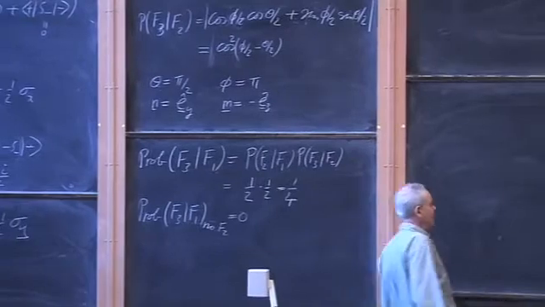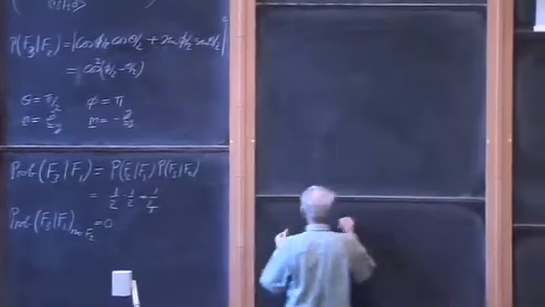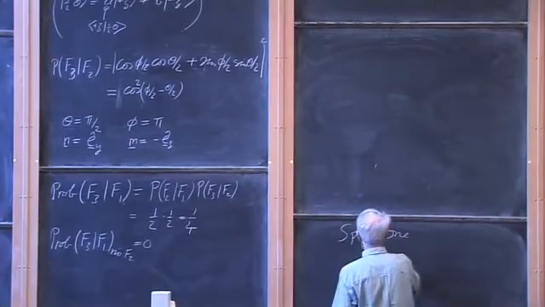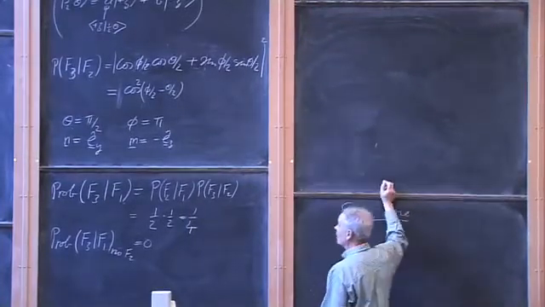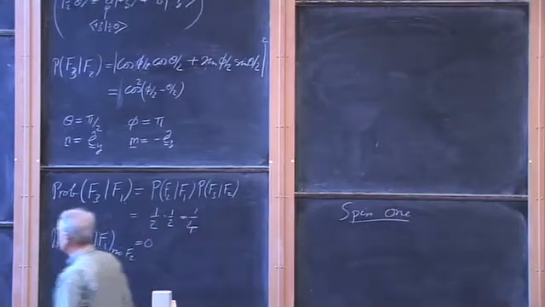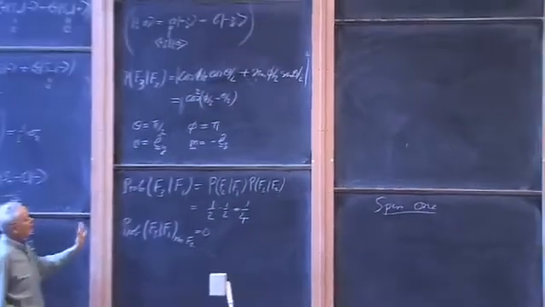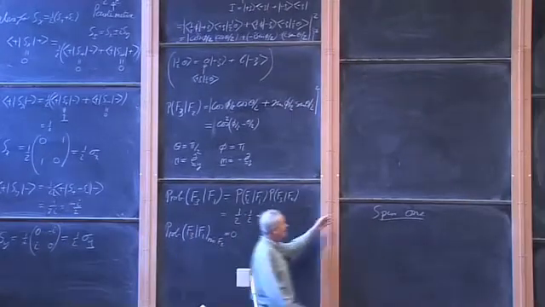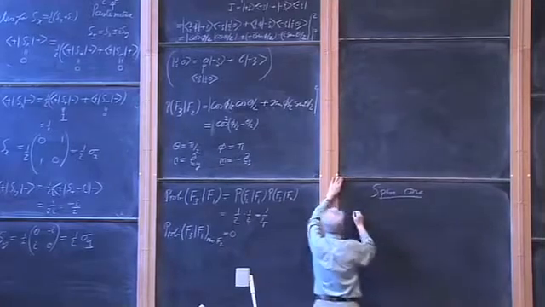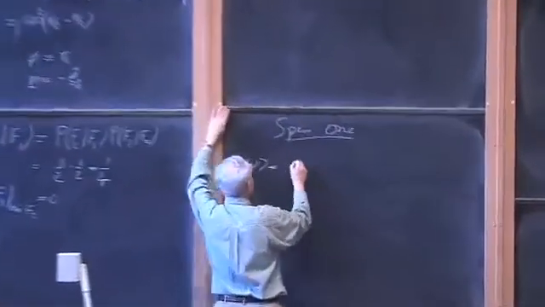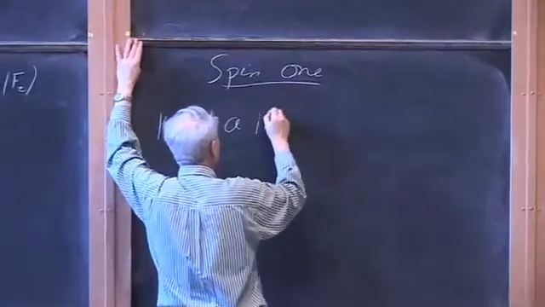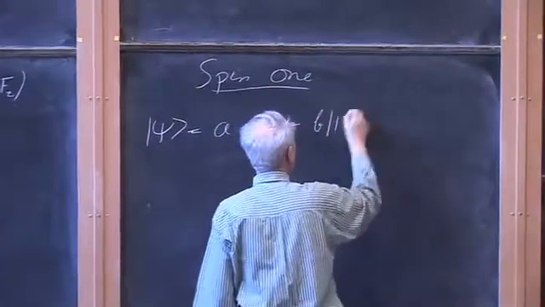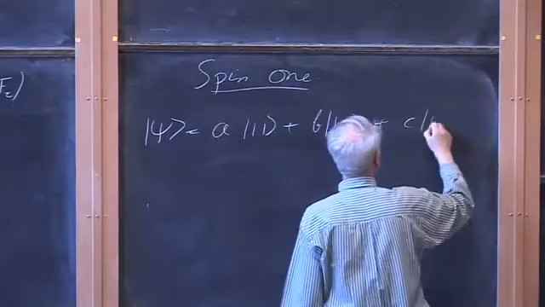So we should talk briefly, as I say, spin 1/2 is far and away the most important case, but let's just briefly talk about spin 1 and make the point that everything we've been doing here generalizes to arbitrary spin. There's nothing we've been doing here which is really peculiar to spin 1/2. In the case of spin 1, psi can be written as an amount of |1,1> plus an amount of |1,0> plus an amount of |1,-1>.